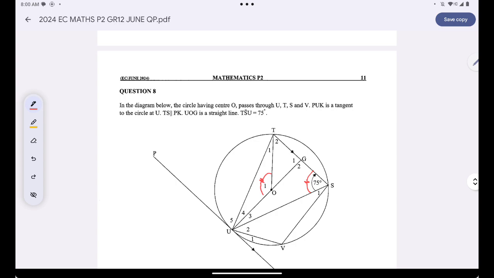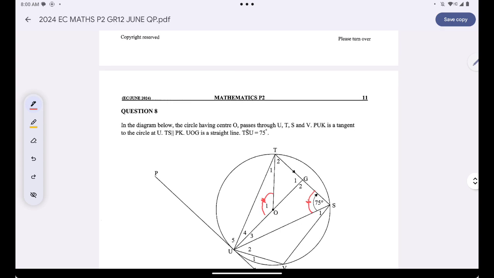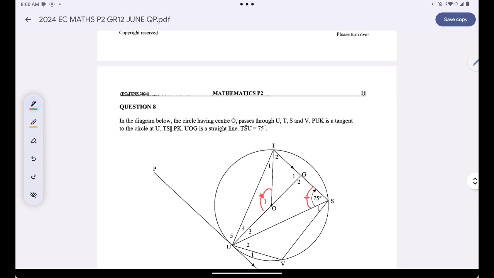The angle between the tangent and the chord is equal to the angle subtended by the same chord at the circumference. So here we can simply say that since angle U5 is between the tangent PUK and chord TU, angle U5 will be the same as angle TSU, which is 75 degrees. Why? Because of the tan chord theorem.